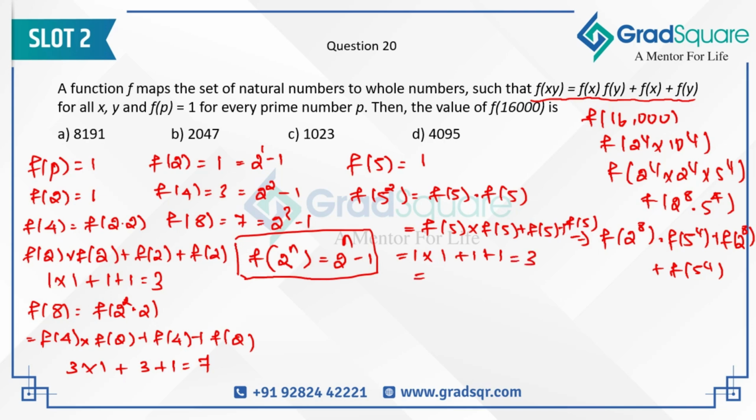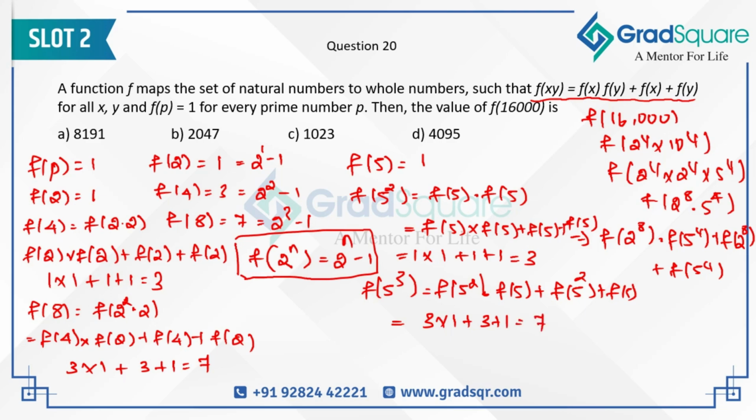Now let's say I have to calculate the value of f of 125. So there is 5 cube, which is equal to f of 5 square into f of 5 plus f of 5 square plus f of 5, which is going to be 3 into 1 plus 3 plus 1, which is going to be 7.